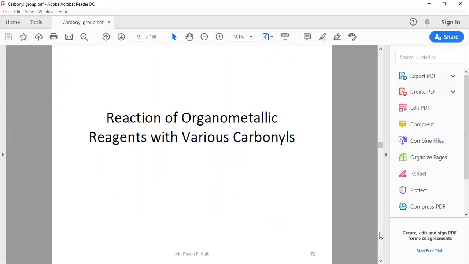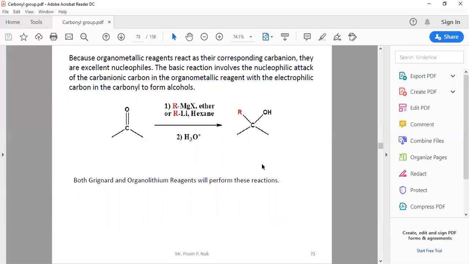The next is reactions of organometallic reagents with various carbonyl compounds. So this is the same as your Grignard reaction. Whenever you have carbonyl compounds and you react them with organometallic compounds in presence of nonpolar solvent, it gives you alcohol formation.